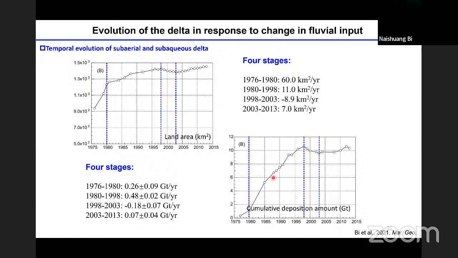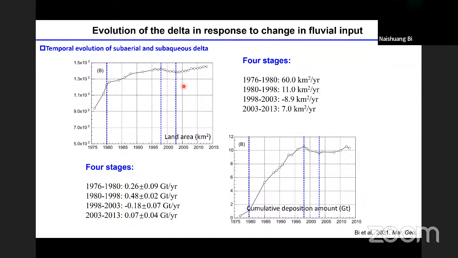There is progradation or deposition in the early 2 stages. This is the land area of the delta plain, and this is the cumulative deposition amount in the subaqueous delta. The progradation or deposition in the early 2 stages with different rates was witnessed here.